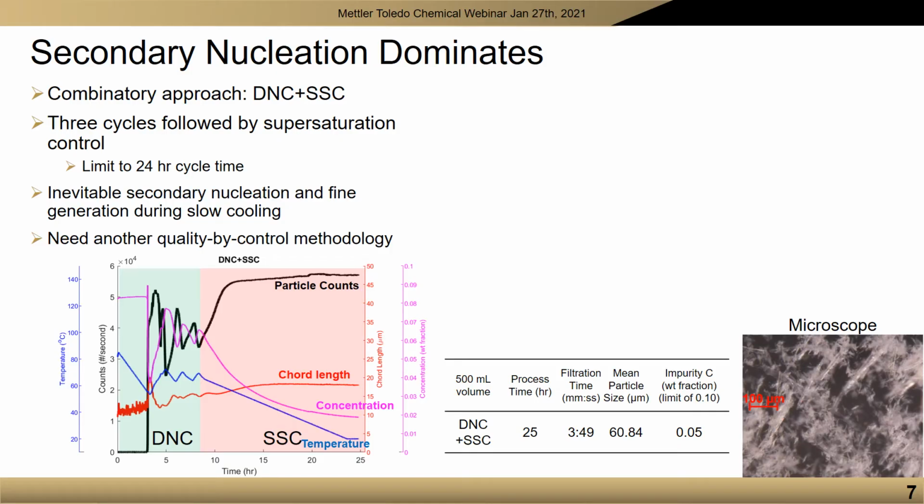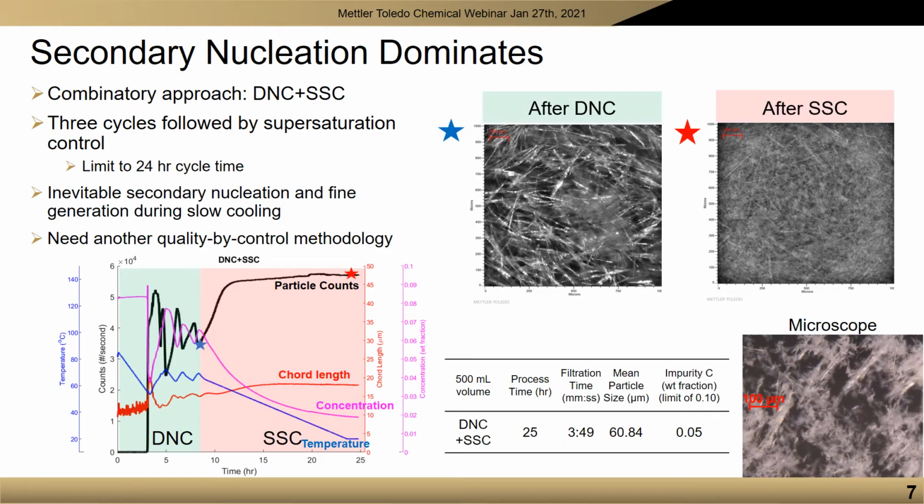The thermal cycling from DNC increases the aspect ratio and mean size of the particles. After DNC, as you see with the images of the blue star, you can see long needle-shaped particles. However, the slow cooling with SSC inevitably triggers secondary nucleation, which led to fines generation, as after SSC you can see some of the original seed crystals, but a lot of fines are generated.